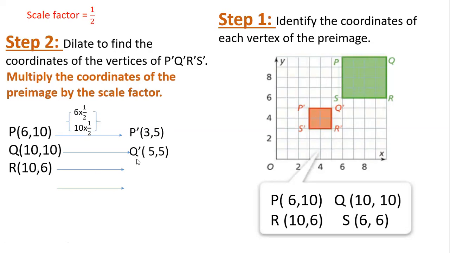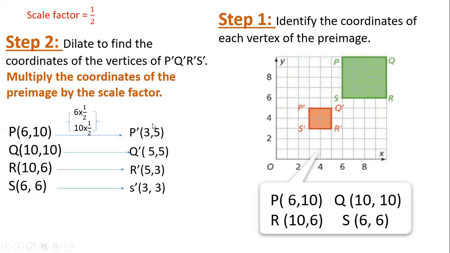So what is going to be R prime? 5, 3. Very good. Now for the last point, S is 6, 6. So S prime is going to be 3, 3. Excellent.